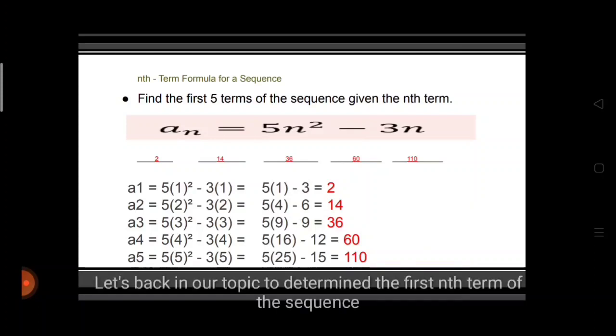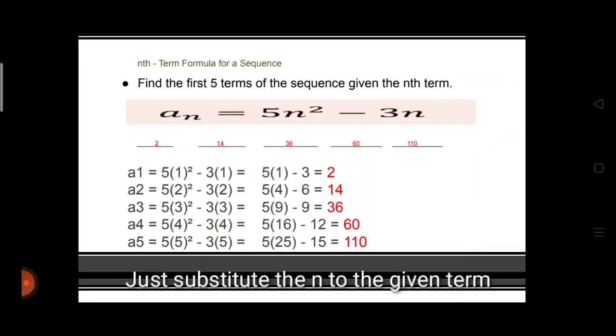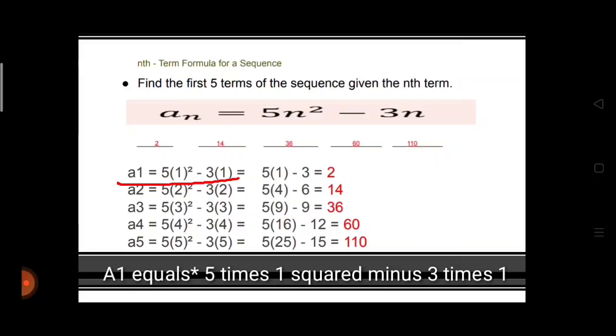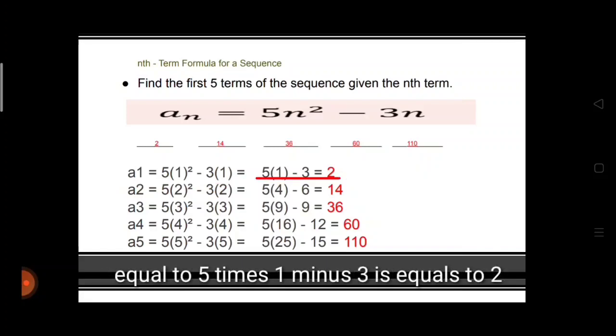So let's get back to our topic to determine the first term of the sequence. Just substitute n into the given formula: a_1 equals 5 times 1 squared minus 3 times 1, equals 5 times 1 minus 3, which is equal to 2.